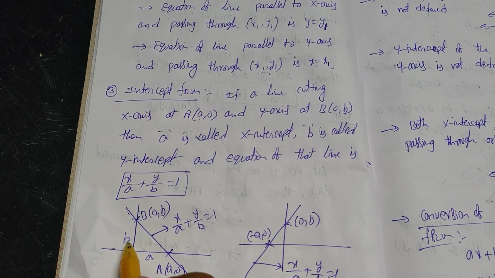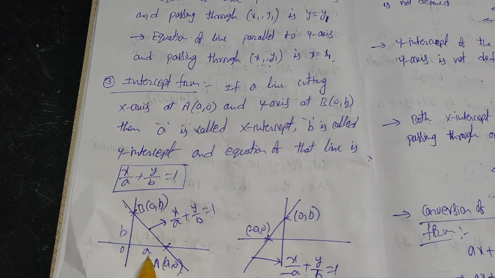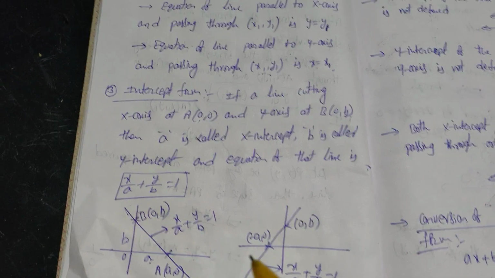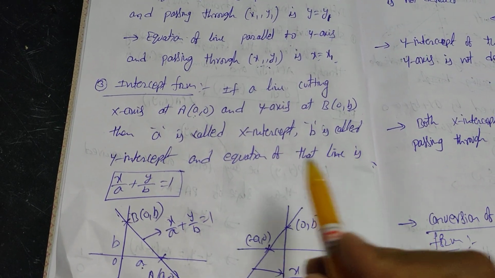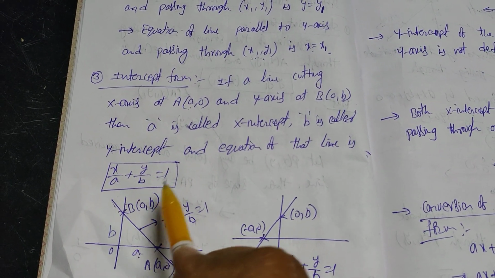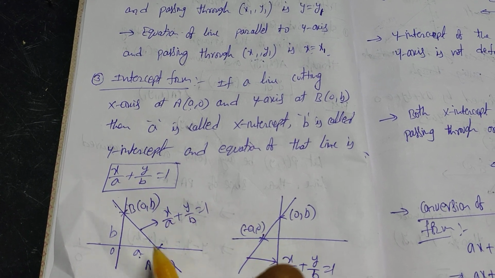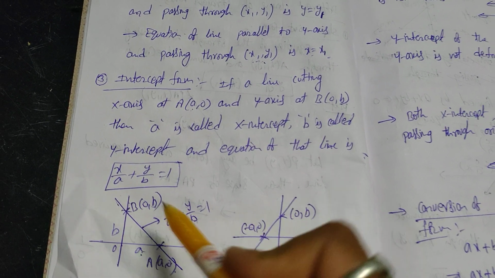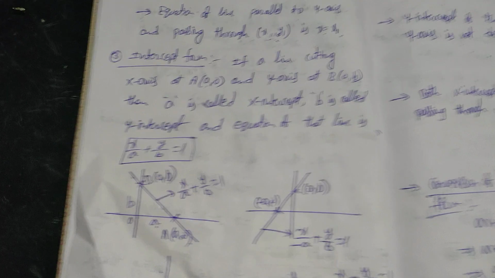So b is the y-intercept and a is the x-intercept. Very, very important. If you know the x-intercept is a and the y-intercept is b, we can say x by a plus y by b is equal to 1.